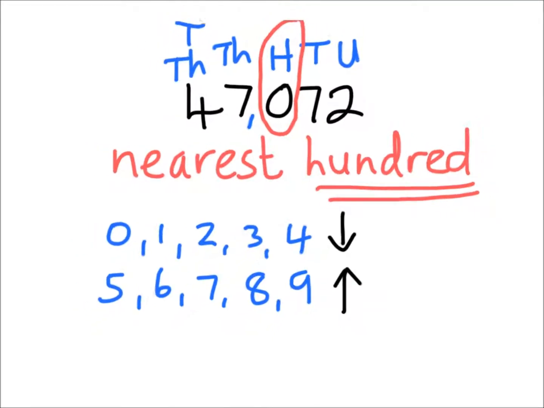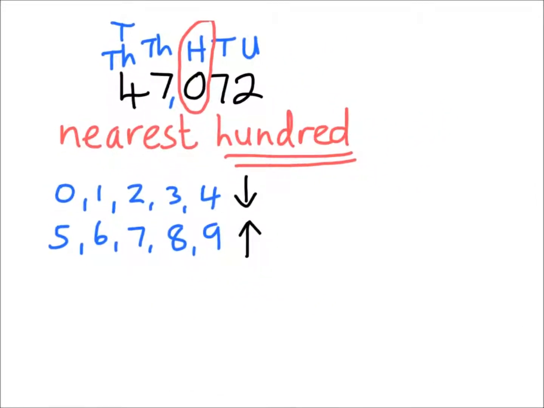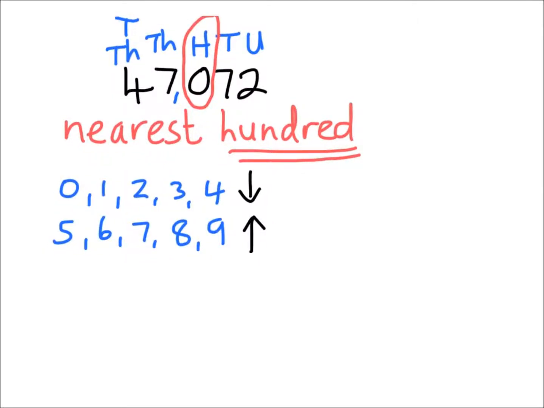Let me just shrink the screen. There we go. Our hundreds column is going to be rounded up. So in my hundreds column, let me just put my columns in. So in my hundreds column, I'm going to have a 1 instead of a 0 this time.